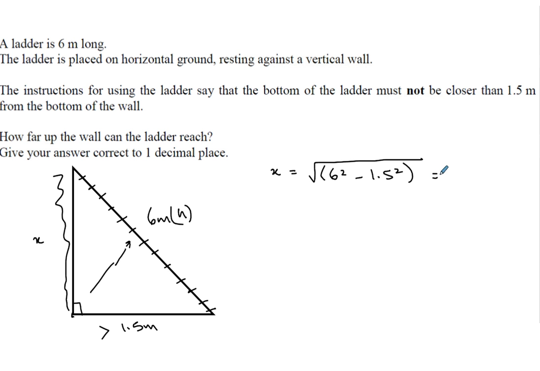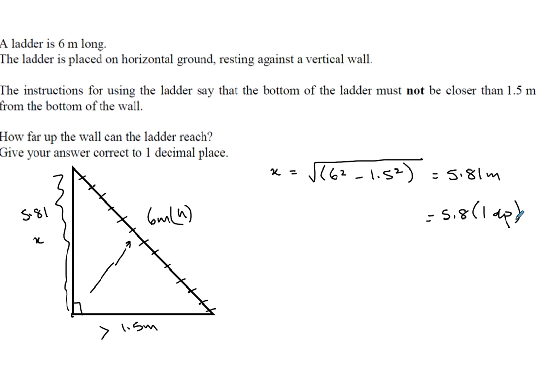And we get 5.81 meters. Okay, so the ladder can reach 5.81 meters high. And give your answer to 1 decimal place. So we've got 5.8 to 1 decimal place.